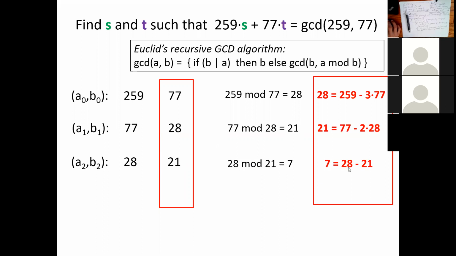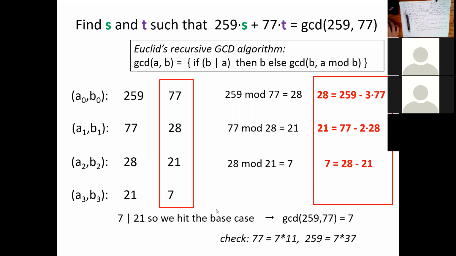So 21 will be my new A, and 7 will be my new B. That's A3, B3, and we hit the base case now because 7 divides 21. So we return 7, and you can check that that's correct. 77 is 7 times 11, 259 is 7 times 37, and 11 and 37 don't have common factors. Okay, so far so good.